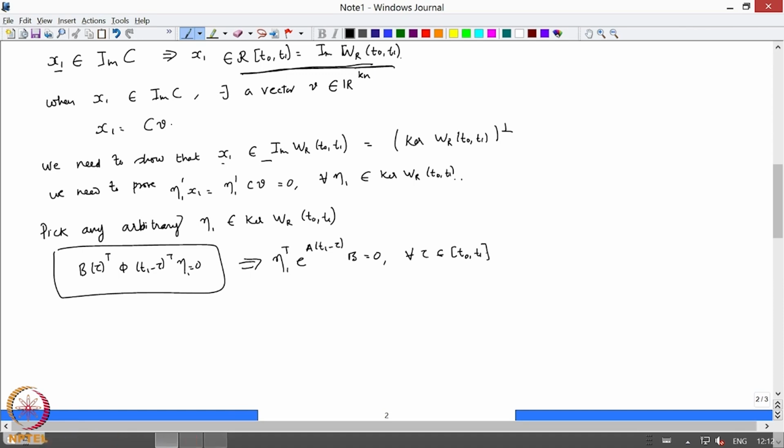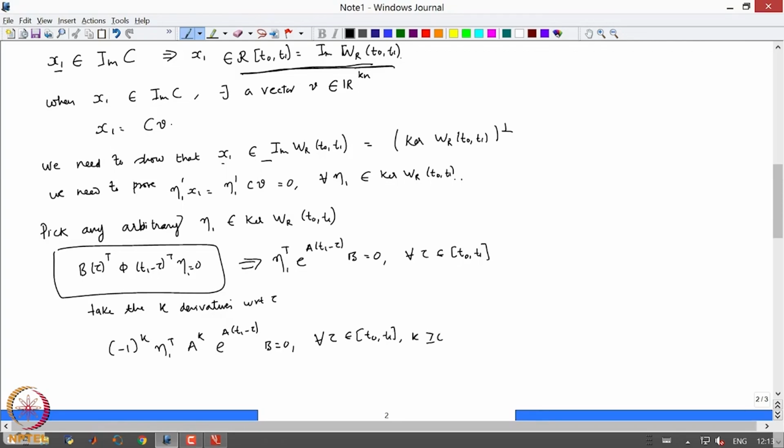Now, I take k derivatives with respect to tau, and what I get is minus 1 power k eta 1 transpose a power k e power a (t 1 minus tau) times b equal to 0 for all tau in t 0 t 1 and k greater than or equal to 0.